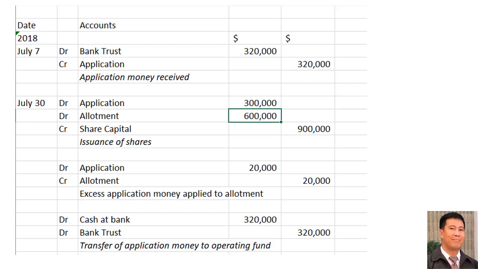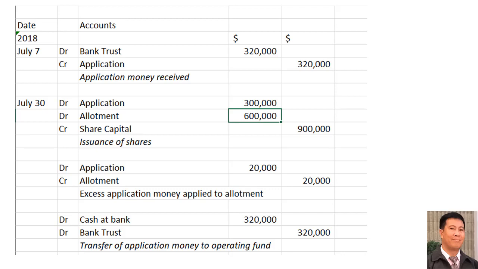It works like a receivable, which means the company is expecting the subscribers or applicants to pay in the future. So in this case, instead of returning the money to the applicants, they just applied it to the outstanding so-called receivable, which we call allotment. So debit application, credit allotment. So the difference between the application money paid here, $320,000, and the amount of the application that we can provide as a company.